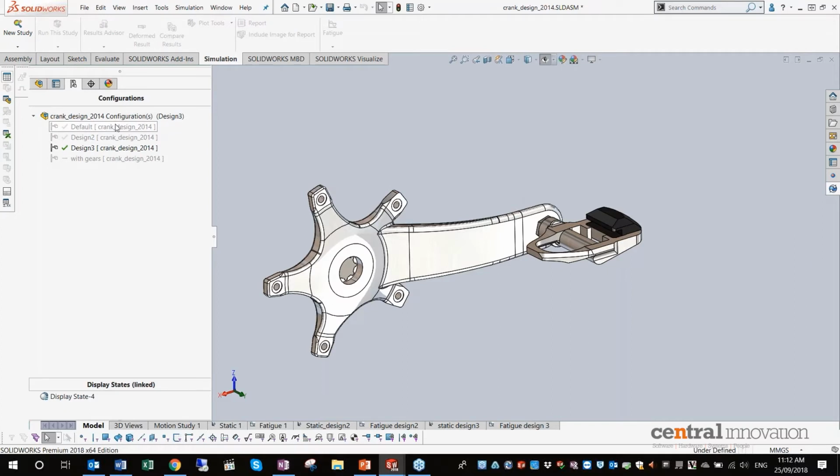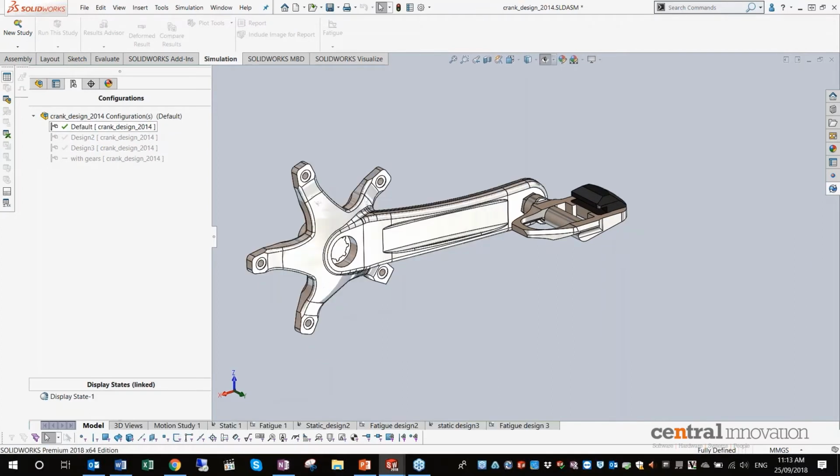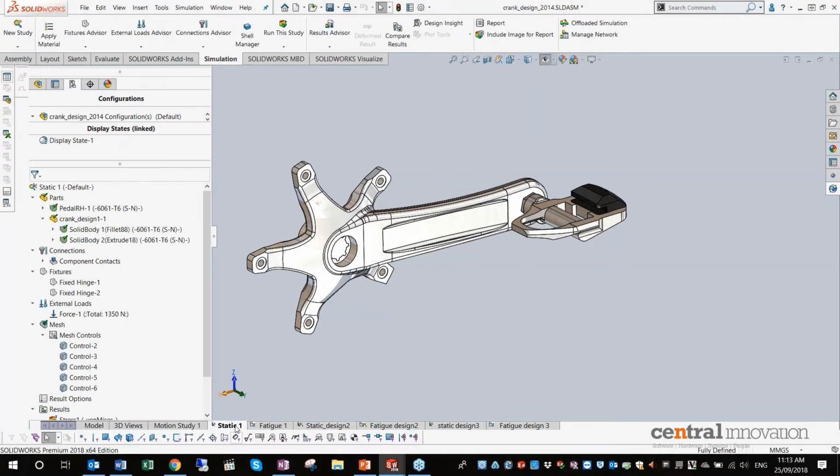When I talk about fatigue analysis, you have to analyze your model with a static study first. So you need to have an initial study on your model before you do your fatigue analysis. Let's have a look at that. On this model, I have a static study. I've already created a static study for it.